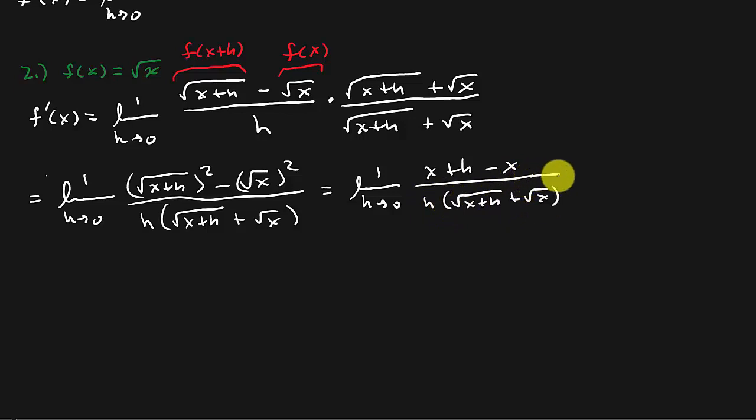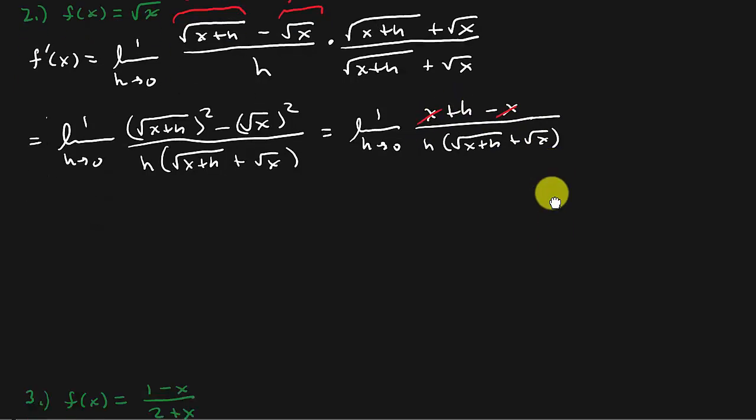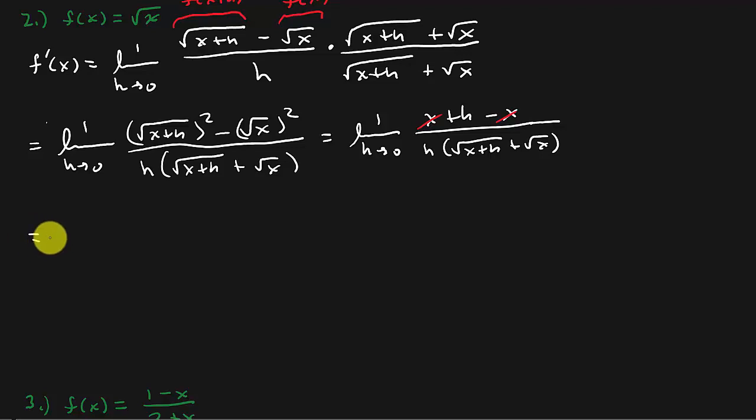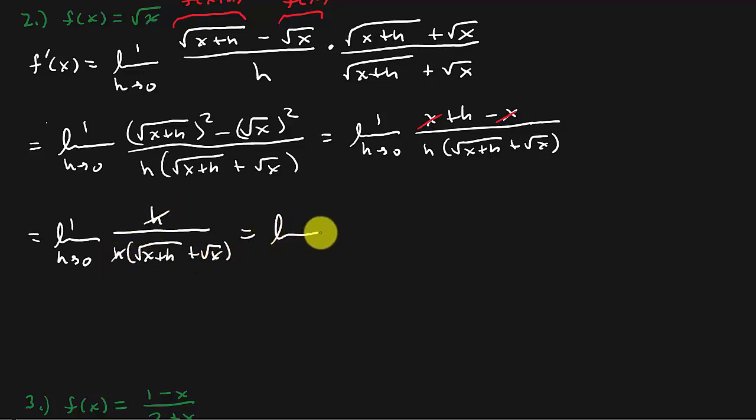All right, and then you can see here the x's cancel out. And so this is going to give us the limit as h goes to 0 of h over h times the square root of x plus h plus the square root of x. And you can see here the h's cancel, so that's the limit as h goes to 0 of 1 over the square root of x plus h plus the square root of x.